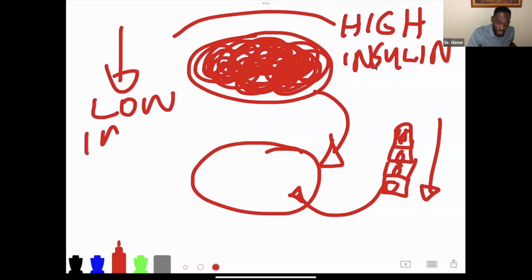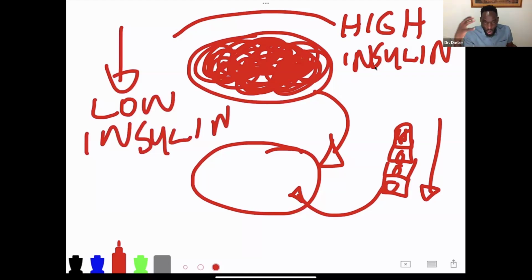When insulin becomes low, it's like a crazy boss who goes to his employees and says, guys, I've been a jerk for the last 1 or 2 months here. Please, will you forgive me? I'm sorry for how I treated you. Or it's like a bully who has been shoving children around on the playground, and he comes one day with a humble head and says, "Hey, I know I've been bullying you around.